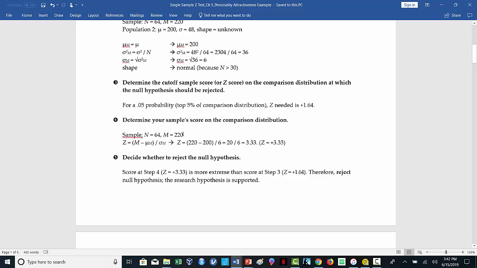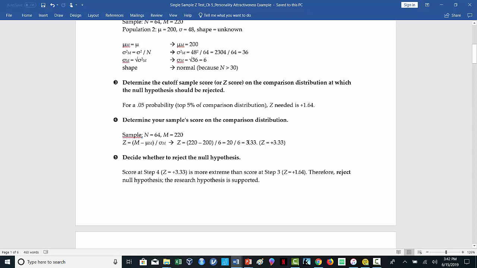So we're going to take that 220 minus the population 2 mean, 200. So the numerator is going to be 20. We're going to see how big that 20 difference is in terms of standard deviations on that distribution of means. So we'll say 20 divided by 6, because again, 6 was the standard deviation of the distribution of means.